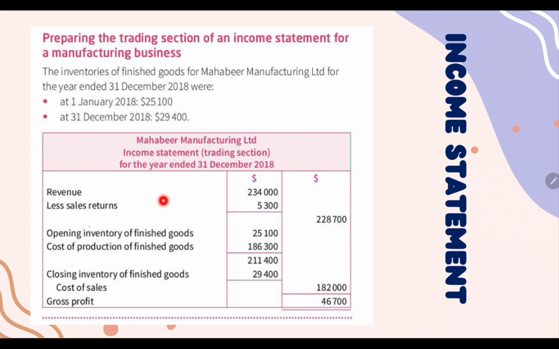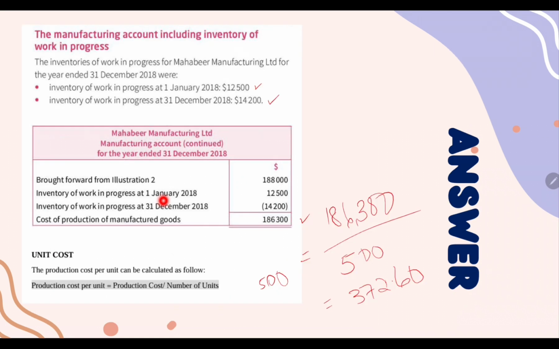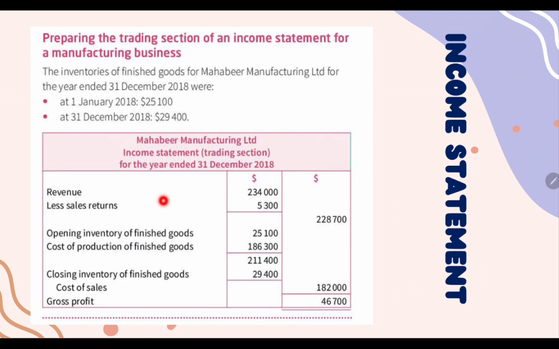Also, your cost of production will be the cost of production of finished goods, and that's going to come from here. Once you have WIP, what we could have said here as well is cost of production of finished goods. So that's about it. Instead of purchases, we have cost of production of finished goods.